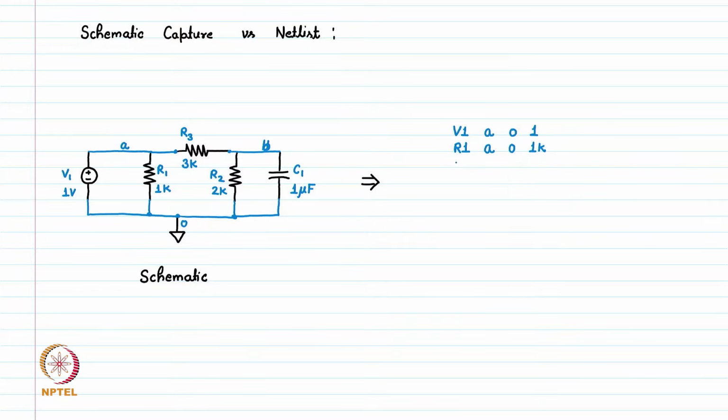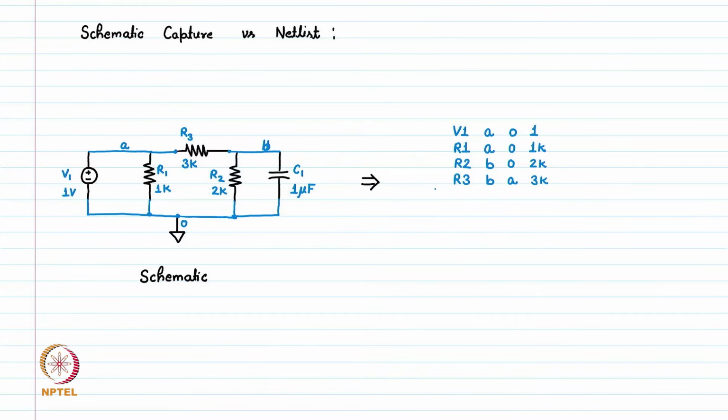Similarly, we write R2, which is connected now between node B and 0. So, we write B and 0, the value is 2K. Similarly, resistance R3 is connected between node B and A. So, between node B and A, the value is 3K.